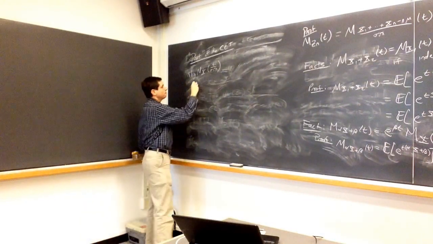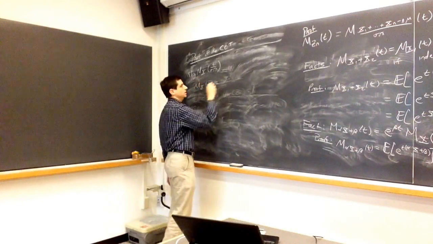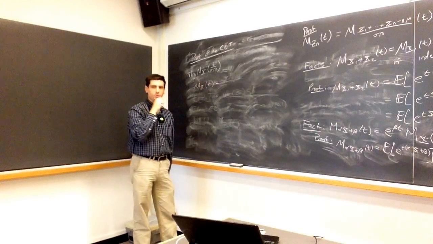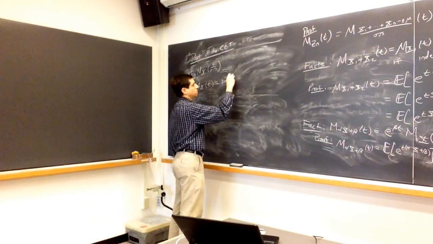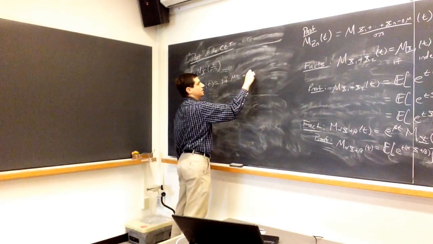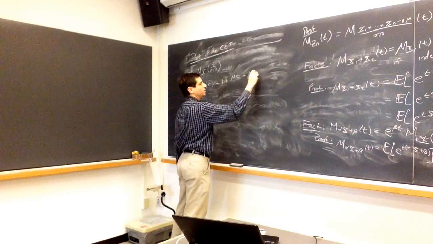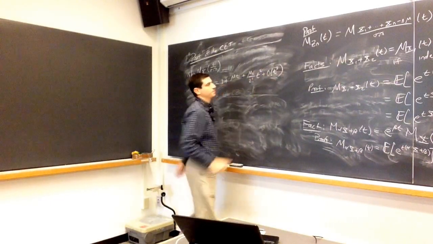So we know M_X of t, we talked about this before, it's the moment generating function. It's 1 plus the mean times t plus the second moment over 2 factorial t squared plus something of size t cubed.